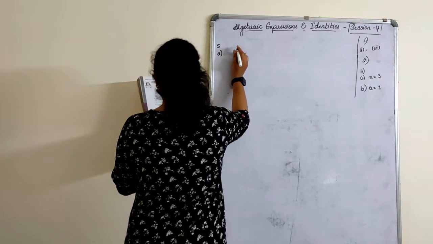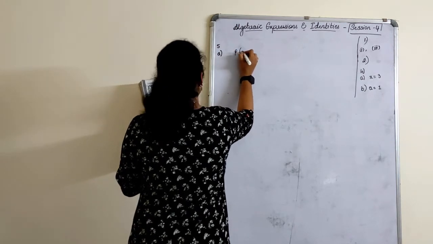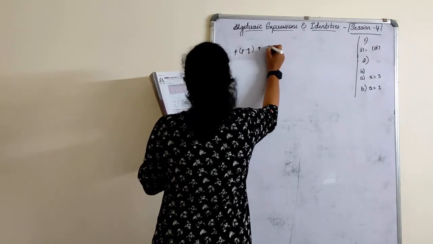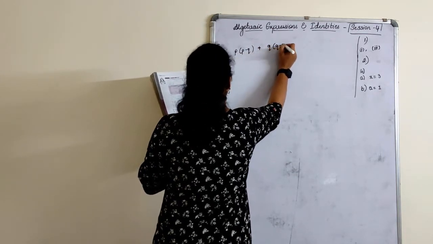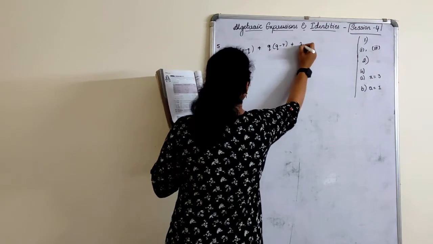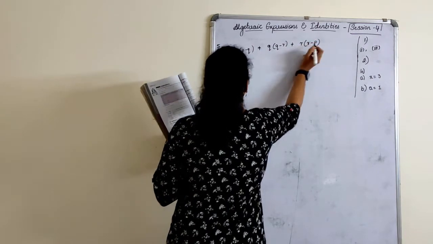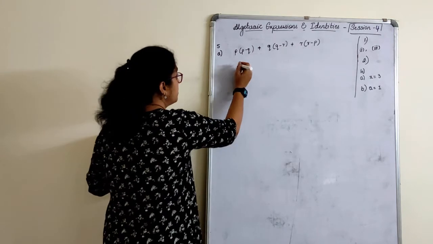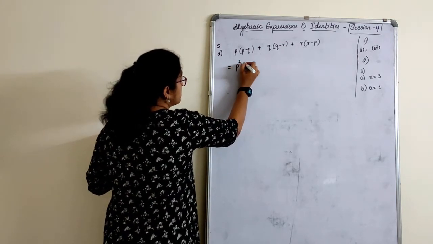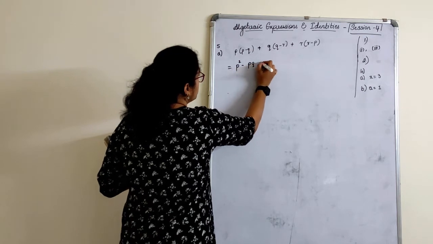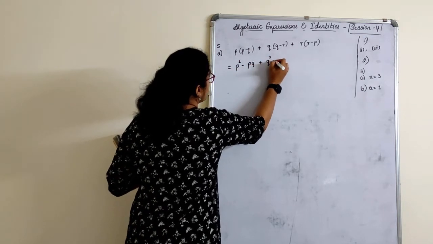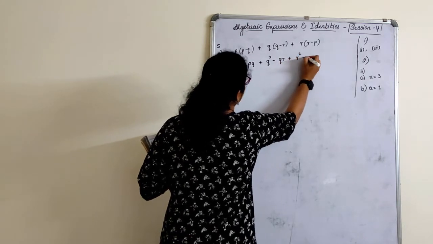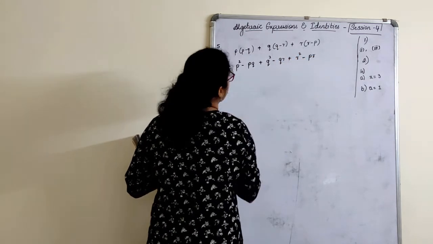A part, add p of p minus q plus q of q minus r plus r of r minus p. First simplify with the bracket by multiplying a monomial with a monomial. p square minus pq plus q square minus qr plus r square minus pr.